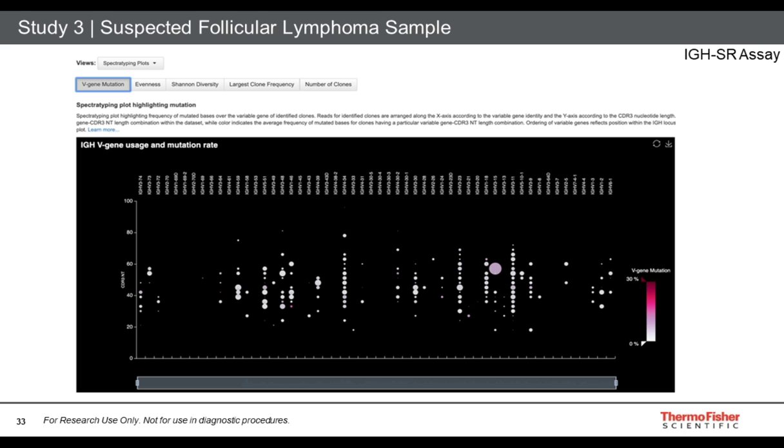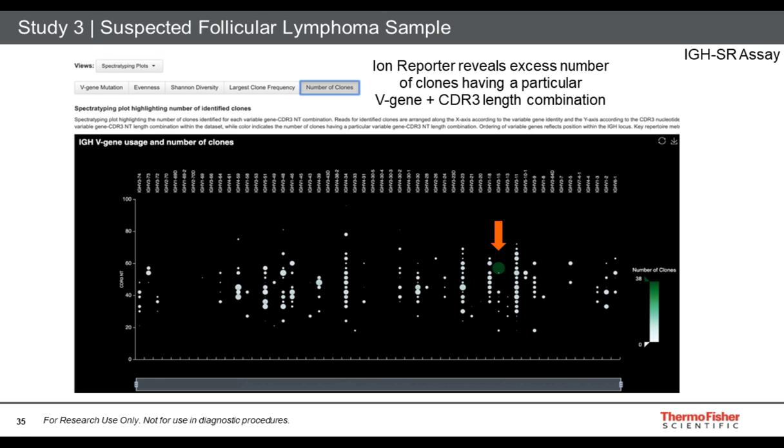And I can actually change the coloring of this plot to highlight the number of clones within the repertoire by clicking this button. And if this is the case, we may see an excess of clones in one part of the repertoire. With this type of analysis, you can really ask whether this sample truly is clonal or whether it's something more benign like follicular hyperplasia.